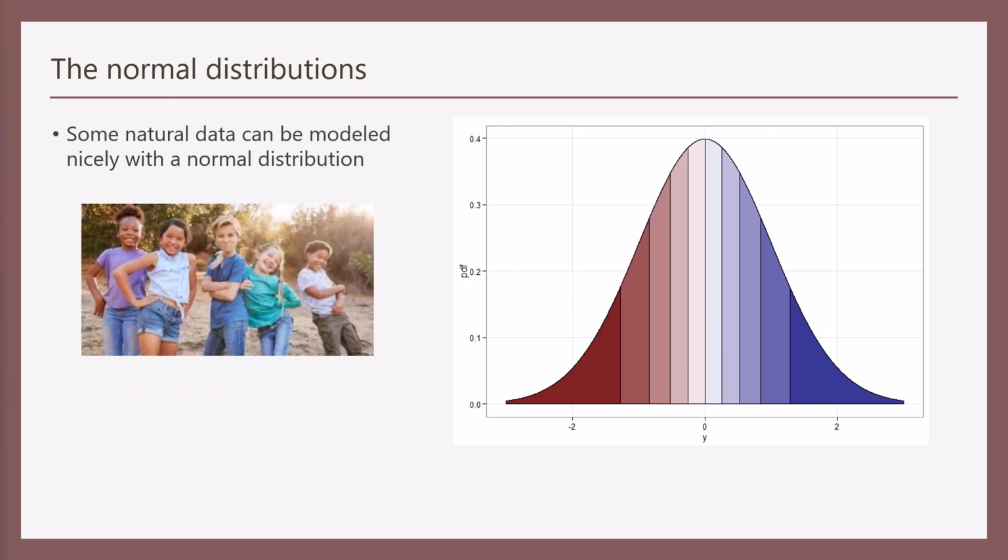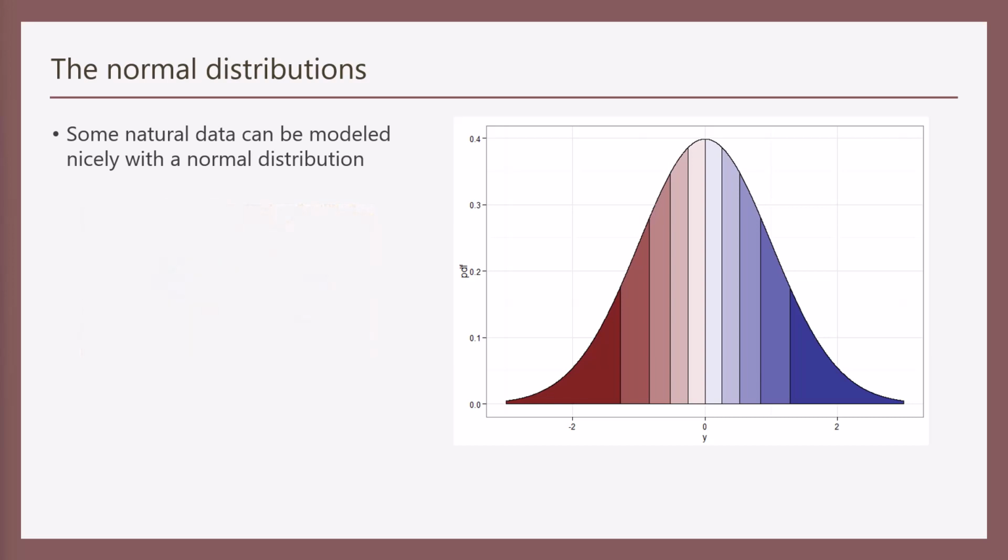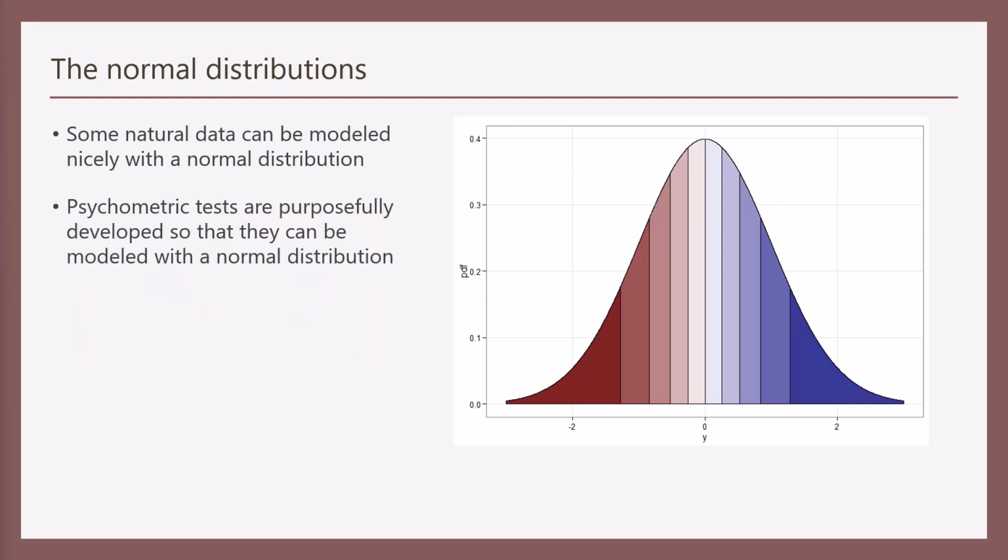Think about the heights of 8-year-old girls. There's going to be some middle, some average in which many girls are close to that height. But as you get shorter and shorter, there's fewer of them. As you get taller and taller, there's fewer of them. Second, psychometric tests are purposefully developed so that they can be modeled with a normal distribution.